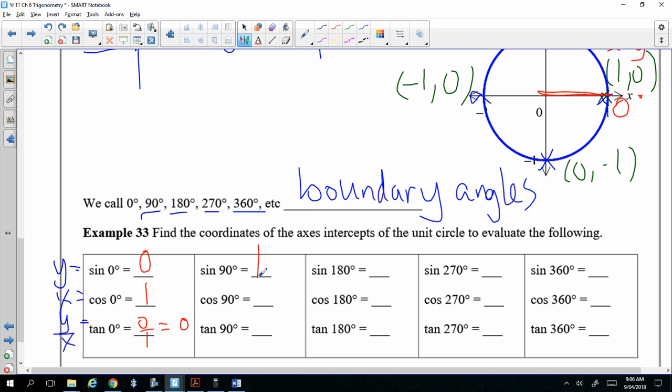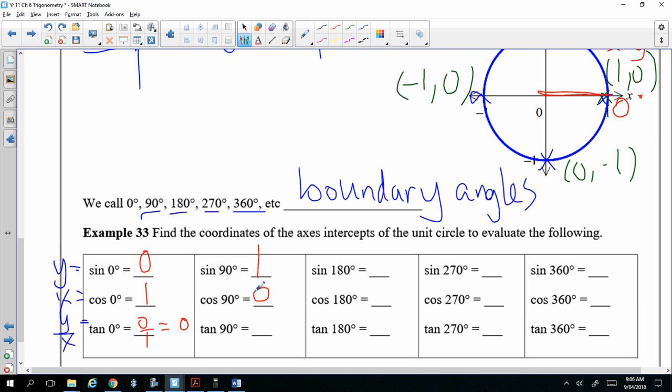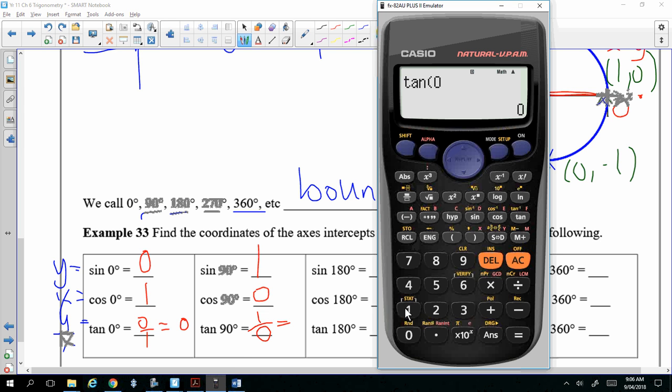What's cos 90? Cos 90 is x, which is 0. And then to get tan 90, you have to do y over x, which is 1 over 0, isn't it? What's 1 over 0? Is it 0? Can you do 1 divided by 0?